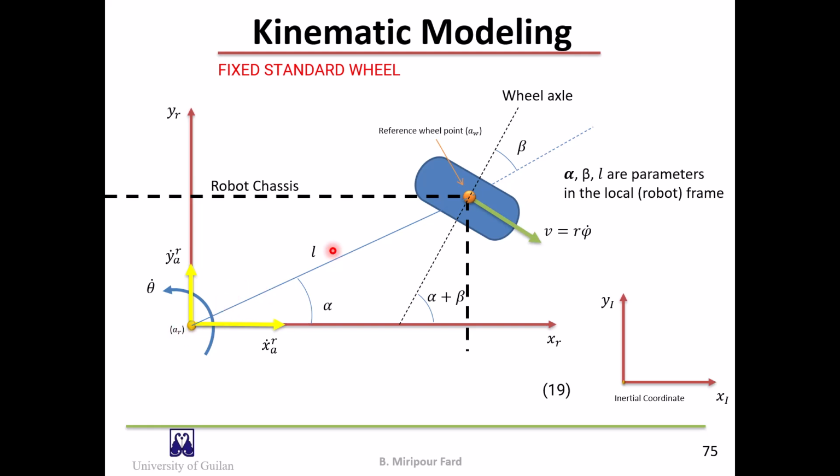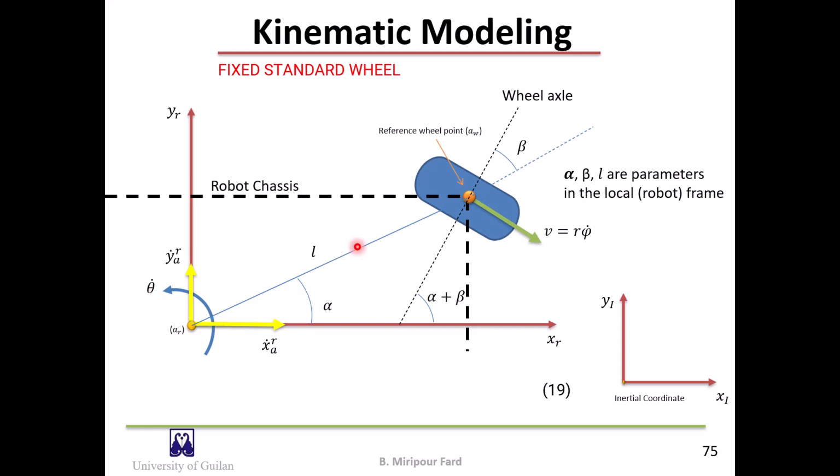So the velocity of point AR is given, and also the angular velocity of this line is equal to theta dot.